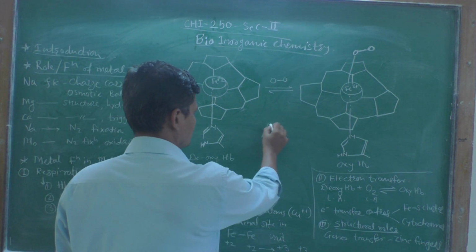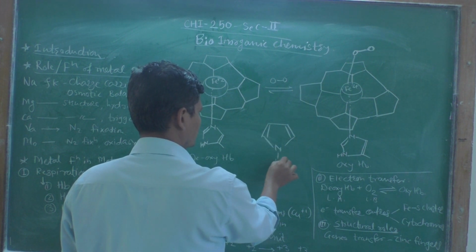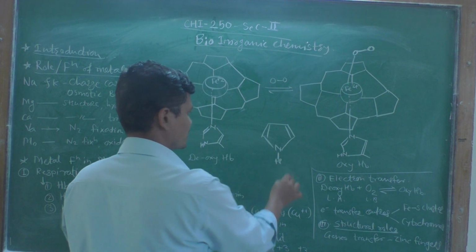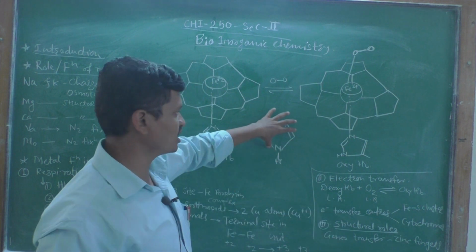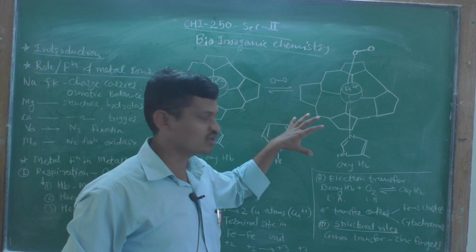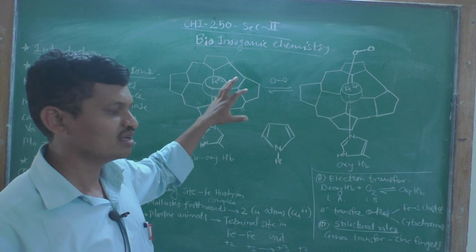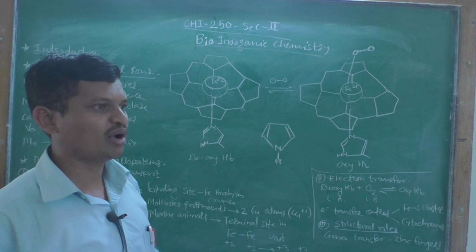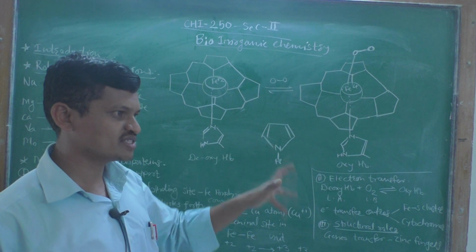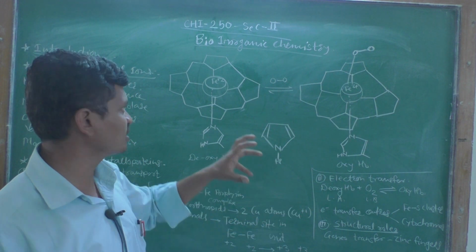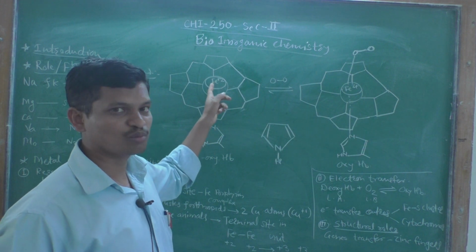Pyrrole is a heterocyclic 5-membered ring containing a nitrogen atom. 4 such rings are present in this porphyrin ring, and they are connected by other substituents and form a central core, and the central core is occupied by the iron metal ion Fe2+.